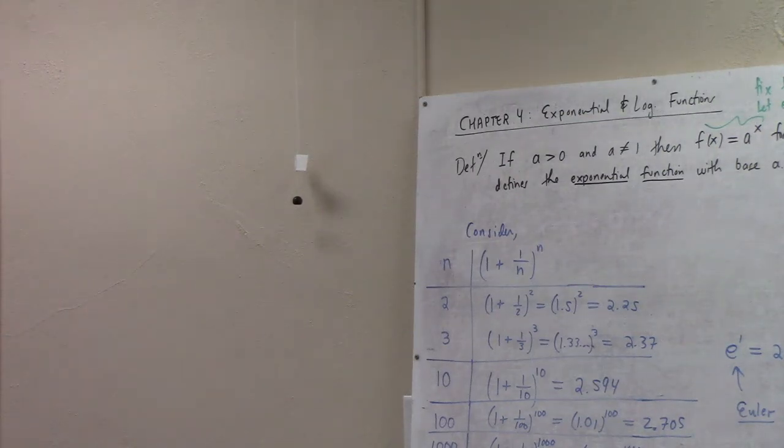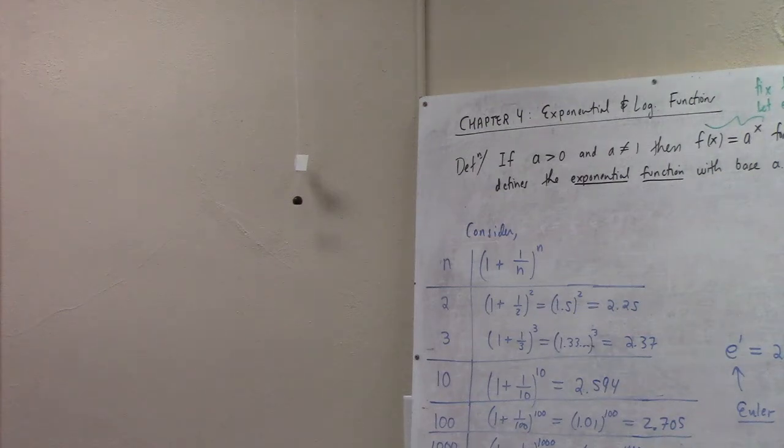So here's the formula. It's called compound interest. This formula, in some sense, motivates why we're interested in exponential functions. It's not the only reason. Exponential functions are interesting because they come up in all kinds of science.